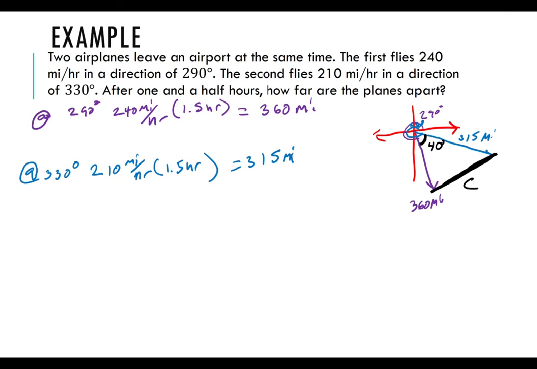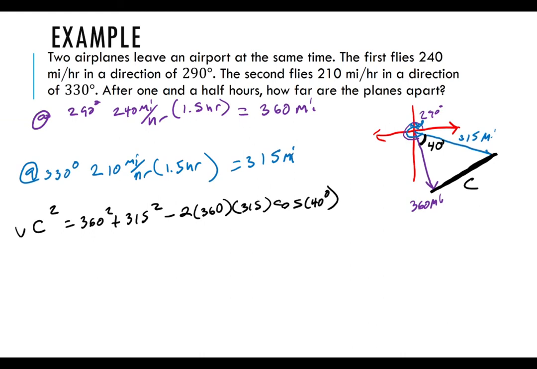In terms of law of cosines, C squared is equal to 360 squared plus 315 squared minus 2 times 360 times 315 times cosine of 40 degrees. Then we can take care of the square root all at once. C is equal to the square root of 360 squared plus 315 squared minus 2 times 360 times 315 times the cosine of 40 degrees.